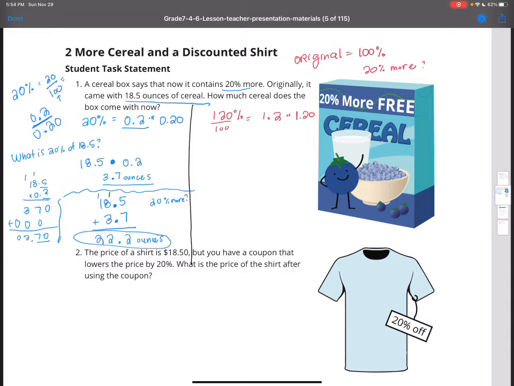Okay. So I want to do the same method, all right? I want to multiply this decimal times 18.5, which I'm going to write down vertically because I like multiplying vertically.